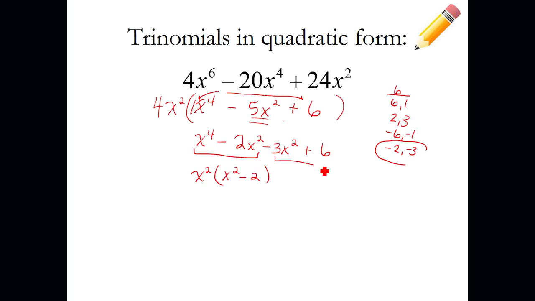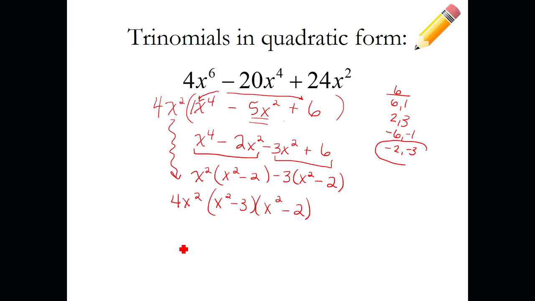What can I divide out of each of these? Negative 3, leaving me with x squared minus 2. So my two factors are x squared minus 3 and x squared minus 2. And then let's not forget about this little 4x squared that pops down because we took it out originally, and now we are in factored form, okay?